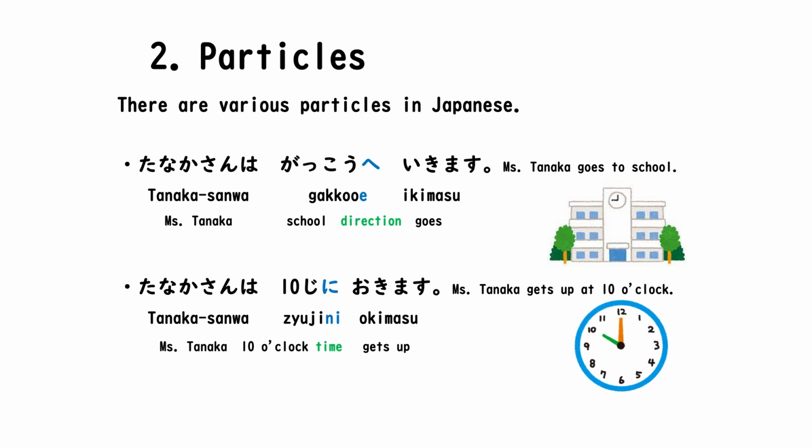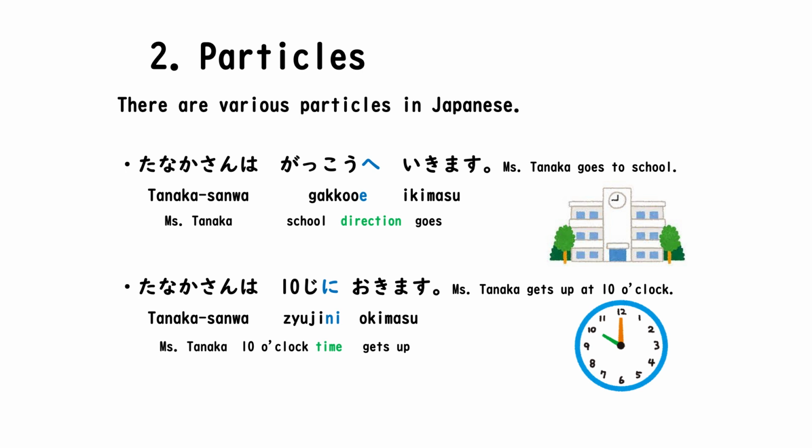Here are some other particles. In the sentence, 田中さんは学校へ行きます. Miss Tanaka goes to school. The particle へ indicates the direction, and it shows that the place where Miss Tanaka goes is school.